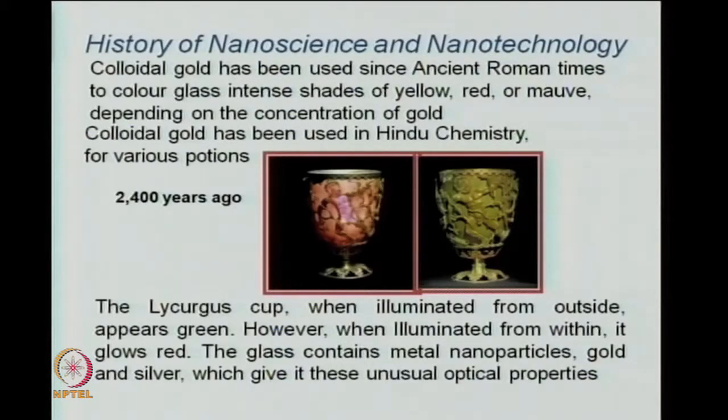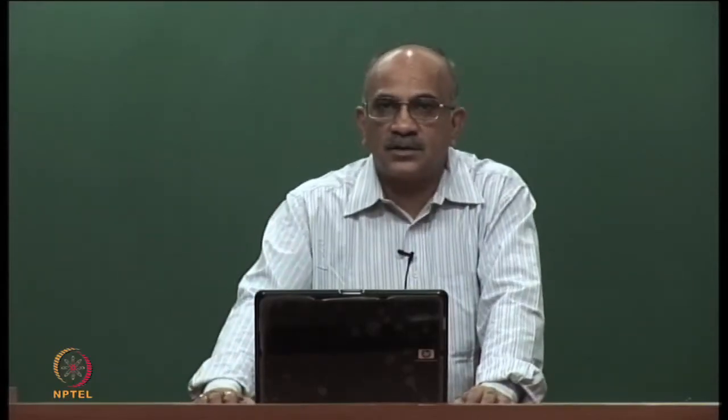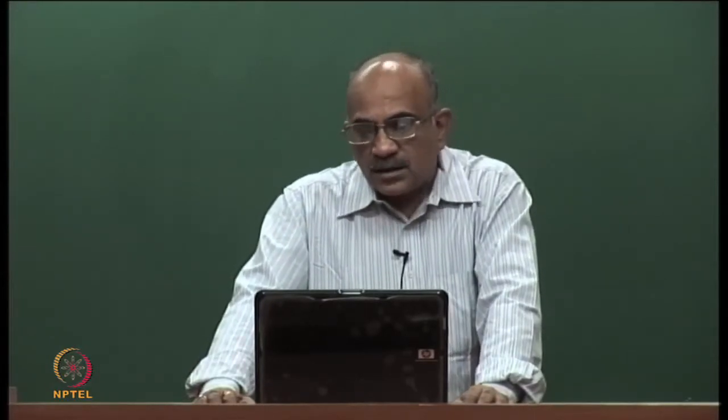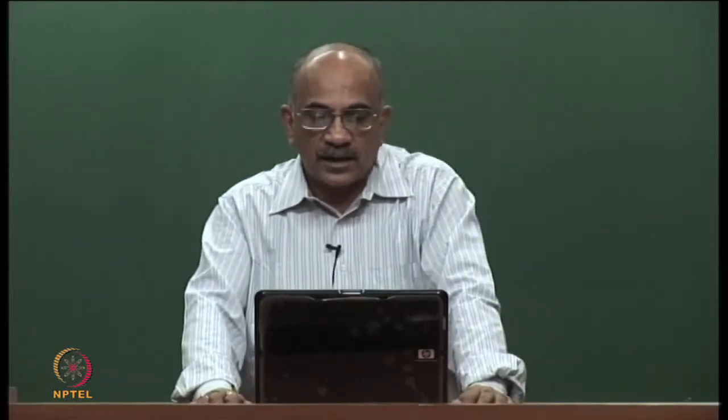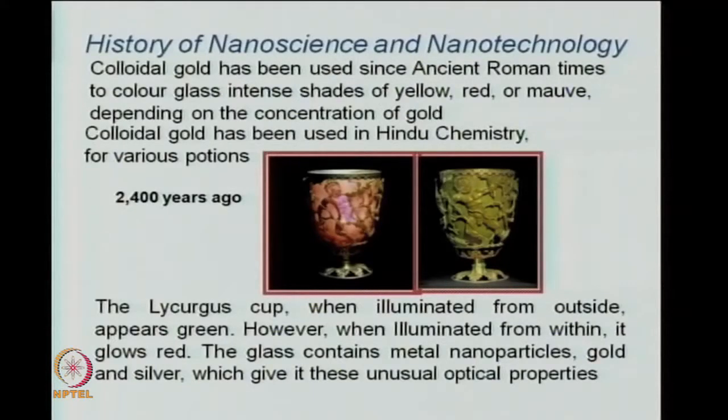Gold is one of the most frequently used colloidal solutions, which has been used in many other applications in those days, and this particular cup which you are seeing has got gold, which is looking red when you are illuminating. That means you have a light inside. So, you are looking at the transmitted light and that is red in color.